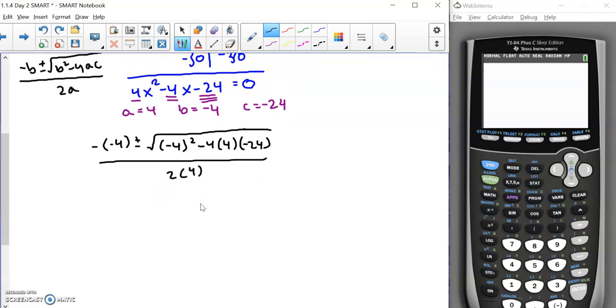Okay, now remember, once we get to this point, this is where we start simplifying things as much as we can to make our own lives easier. So negative times a negative, that's just going to give me a positive 4.